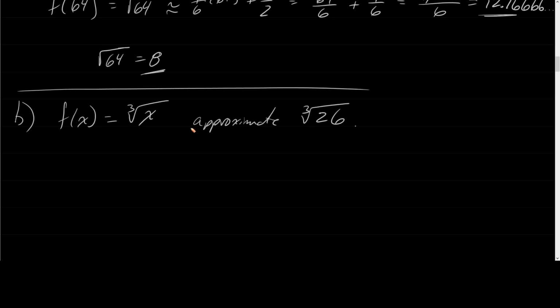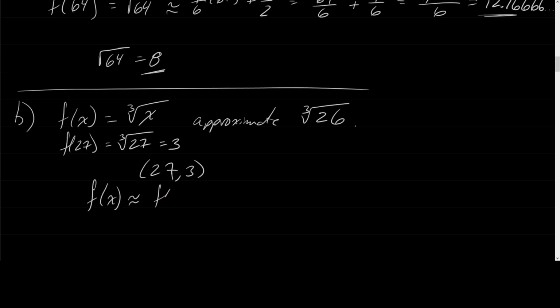So what would f of 27 be? The cube root of 27 happens to be 3. So this gives us a point, 27 comma 3, which we can do our linear approximation based on. What was linear approximation? f of x is approximately f of c plus f prime of c times x minus c.